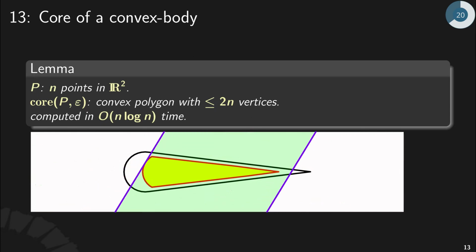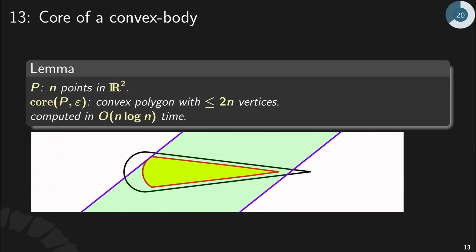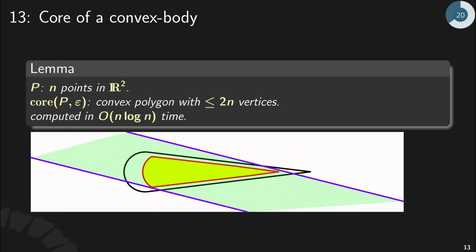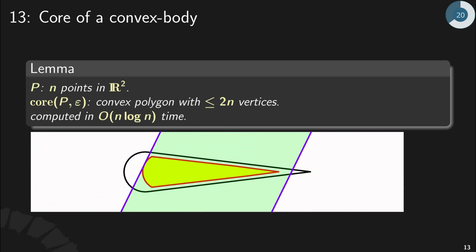And you take the intersection of all these slabs, right? So you get this region. It's a convex region. We call this region the core. The core is essentially, intuitively, a shrunken copy of the original shape.